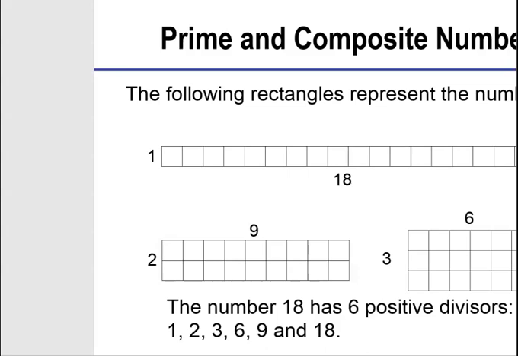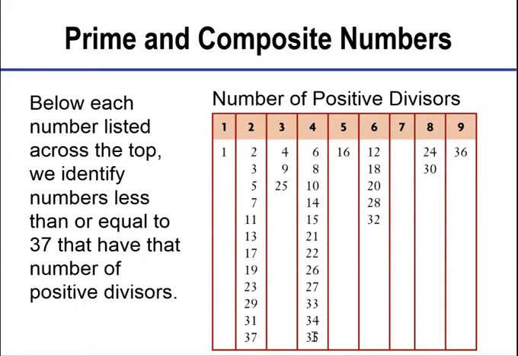We've got 1, 2, 3, 4, 5, 6 divisors. So if I go back to my chart, under 6, you'll notice the number 18. We're counting how many divisors a certain number has.